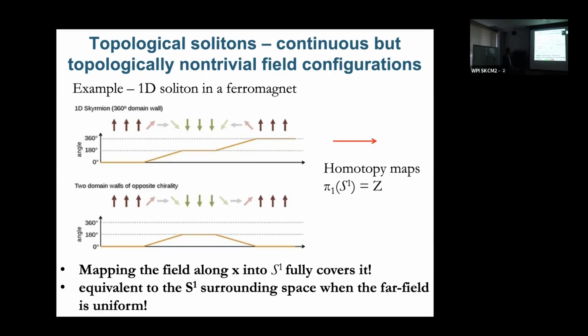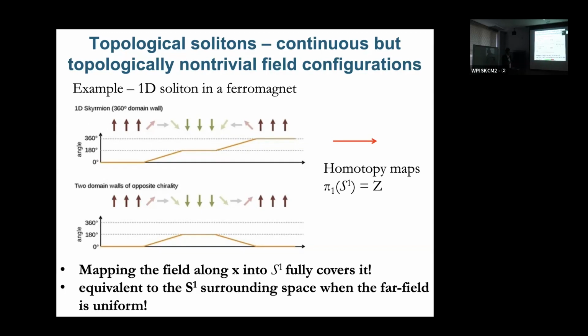And therefore, you would then be mapping from that circle corresponding to this physical space, which is S1, to the order parameter space, which we already know for two-dimensional unit vectors is S1, and that corresponds to Z.